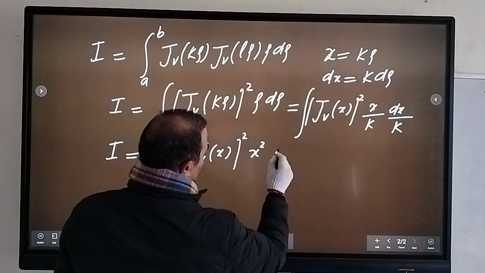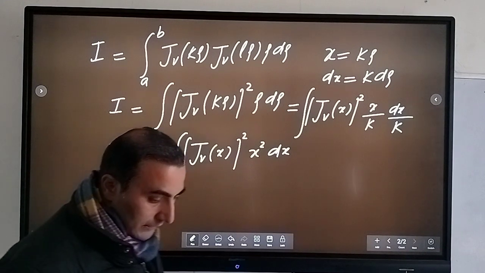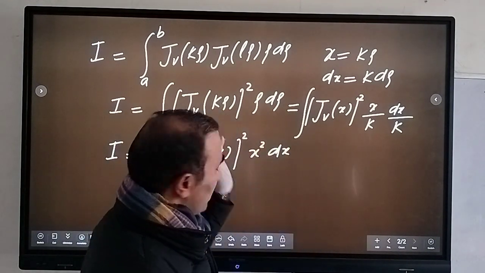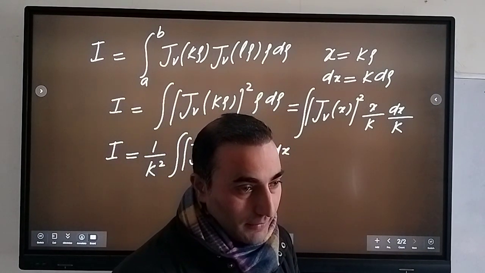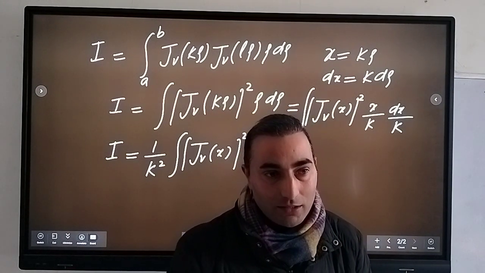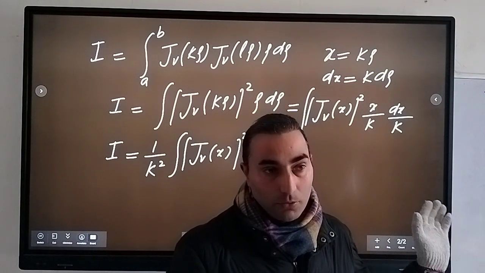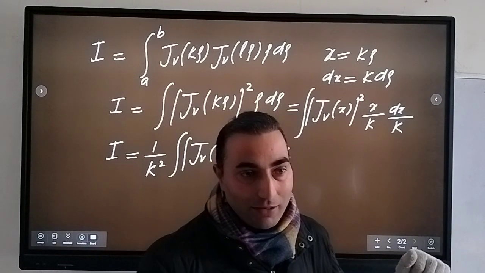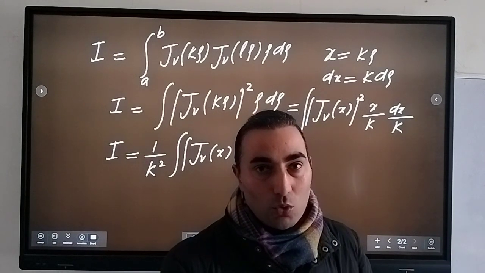I'm basically taking this integral without those limits, so we can give the limits from some a to b or from some 0 to a. So it's up to us, right? We can choose any limit, because if you remember, when we constructed the condition of orthogonality from the recurrence relation of this Bessel differential equation, we chose the limits in such a way that the whole term on the right hand side will be equal to 0.